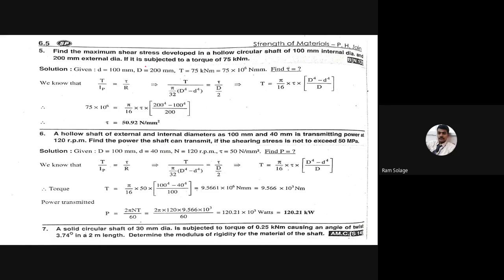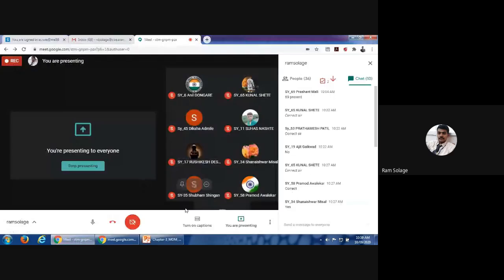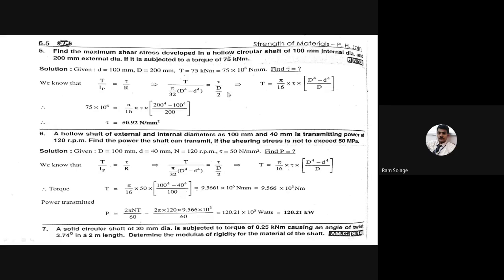Find the maximum shear stress developed in hollow circular shaft. Find the maximum shear stress developed means what? Tau is equal to question mark in a hollow circular shaft. Already we have taken the problems on solid shaft. In this problem, they have mentioned the hollow circular shaft.